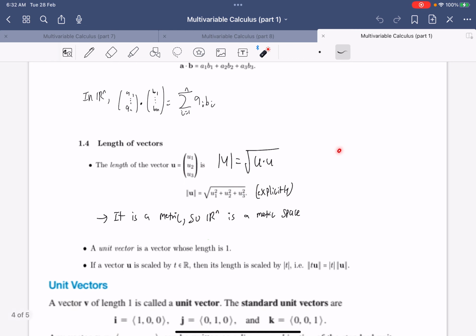We already said that the distance between 2 points is the difference squared, so the length accords with our understanding of a distance. Another way of saying it is a metric, and so R^n forms a metric space. To understand what a metric space is, you can watch my analysis videos.